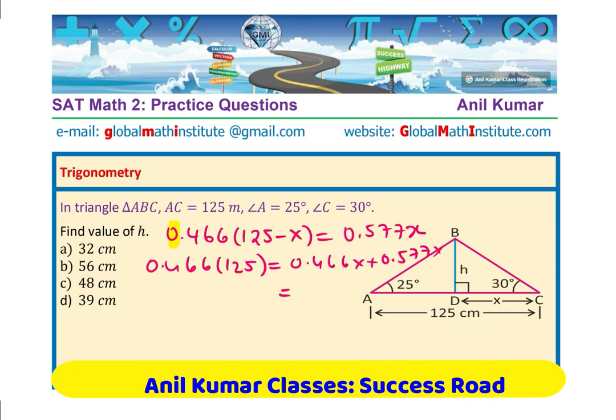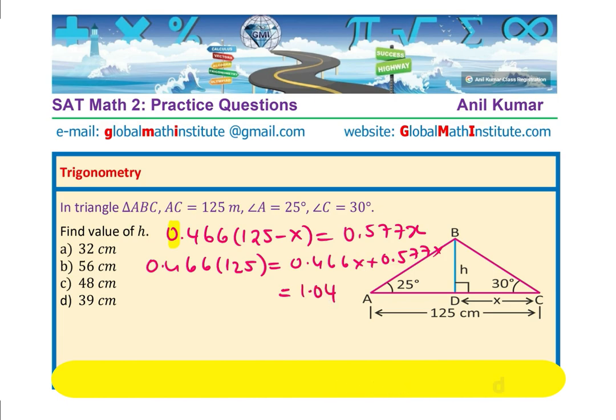So let's multiply these and then add those, correct? So we get 0.466 times 125 equals 0.466 plus 0.577, so it is 1.04X.